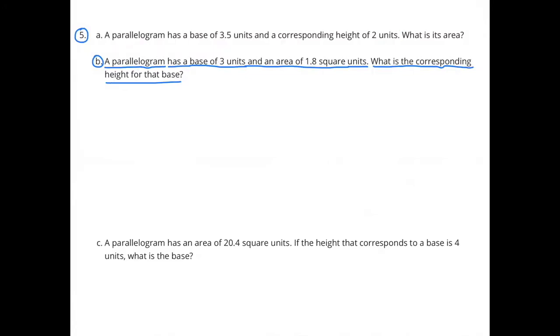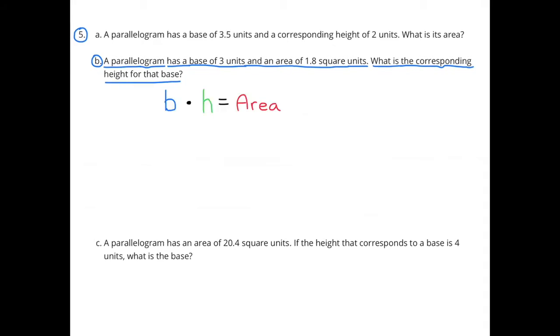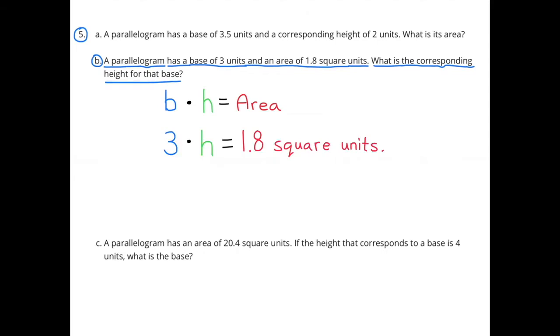B. A parallelogram has a base of 3 units and an area of 1 8/10 square units. What is the corresponding height for that base? They told us that the base is 3 units and that the area is 1 8/10 square units, but they haven't told us the height, so we need to figure out the height. Base times height equals area. The base is 3, the height is unknown, and the area is 1 8/10 square units.